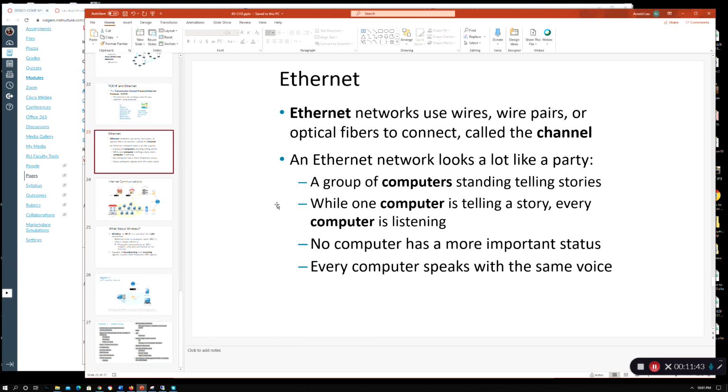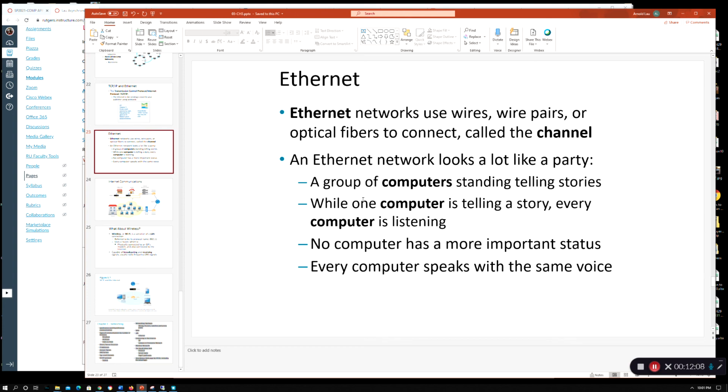So Ethernet, that's basically the actual physical network, okay? This basically talks about when all the computers are connected together, what is the protocol that they use to talk to each other?